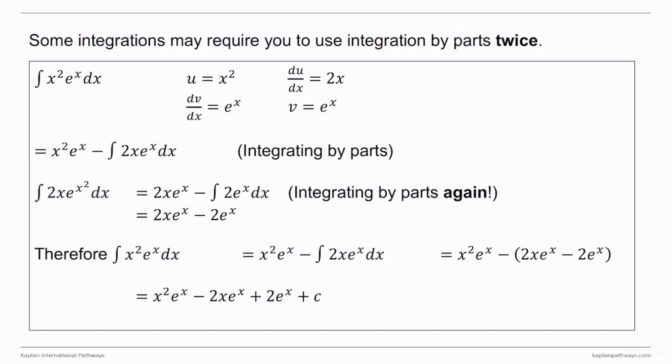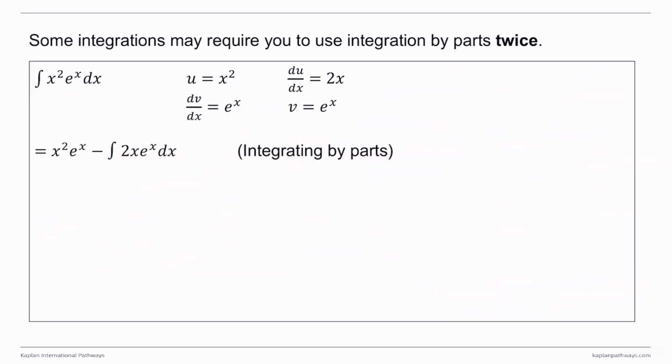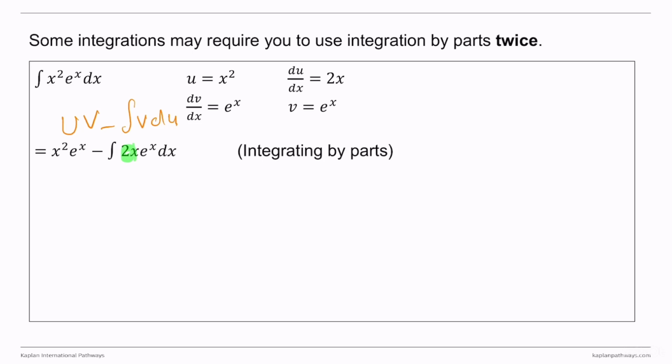Okay, I'll just go over this with you step by step, and then I'll finish this example. As we said, from the beginning, x squared is u, and du over dx is 2x, as you can see here. Then this is uv minus the integration of v du, and we end up with two functions here. That's one, and that's another one. So this integration now needs to be integrated by parts.